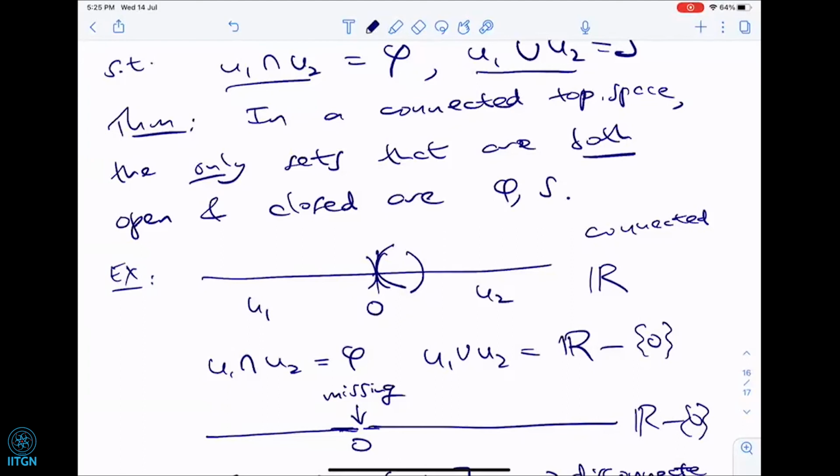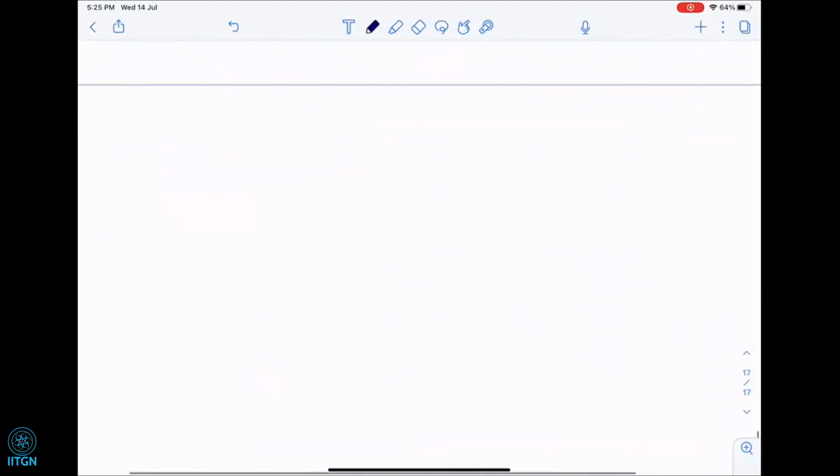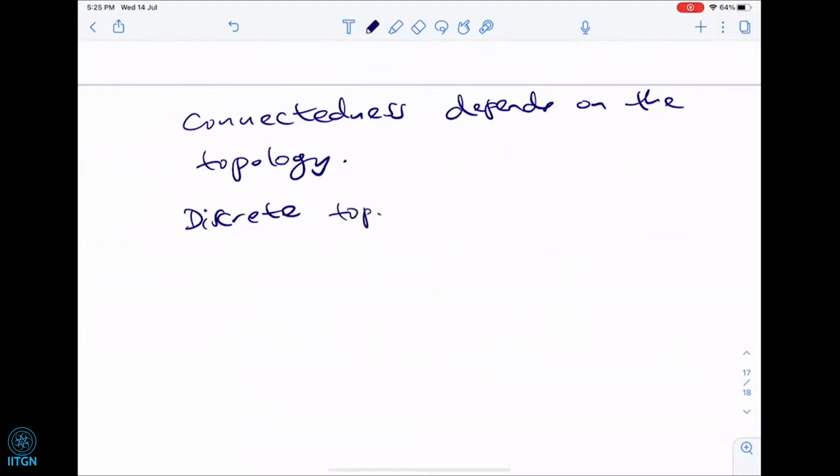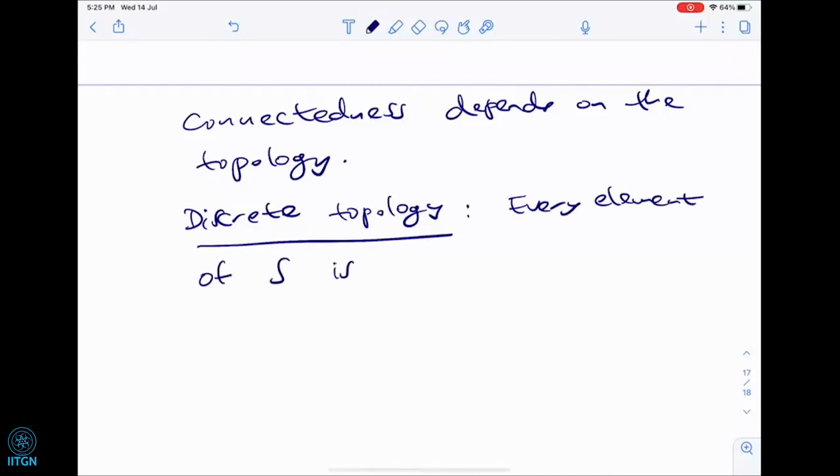Okay, now before I take questions, one last comment. Connectedness definitely depends on the topology, because it is found out by looking at open sets. For example, if I look at the discrete topology in which every element is an open set, you can see right away what's going to go wrong.